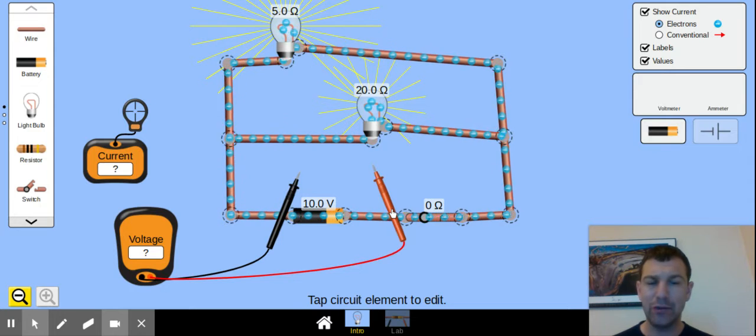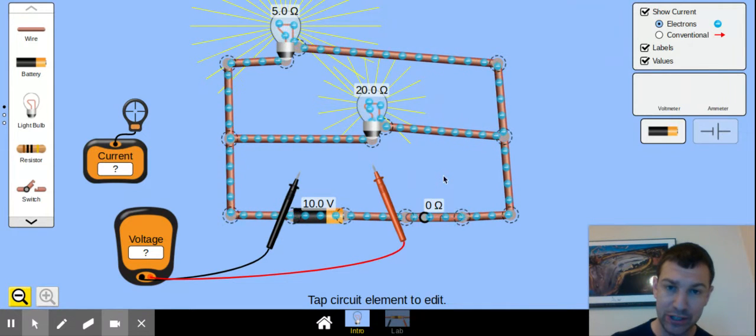And now we're going to see if we can find some information about the current. And the current is the trickier part of the parallel circuits. However, it's mostly still the same idea using Ohm's law, or V equals I times R, where we're solving for I, the current. So, according to Ohm's law, voltage divided by resistance is going to equal the current in amps.